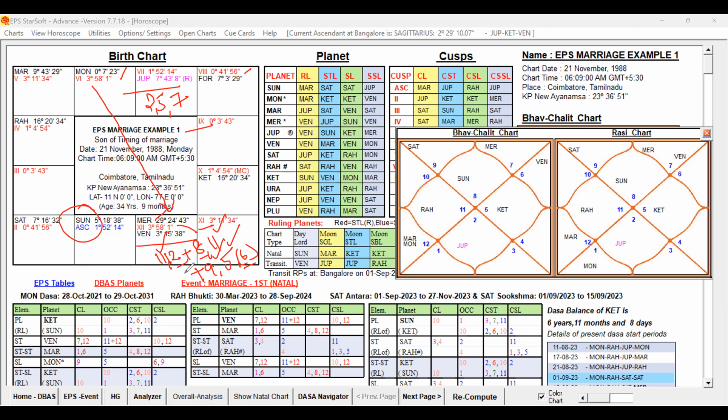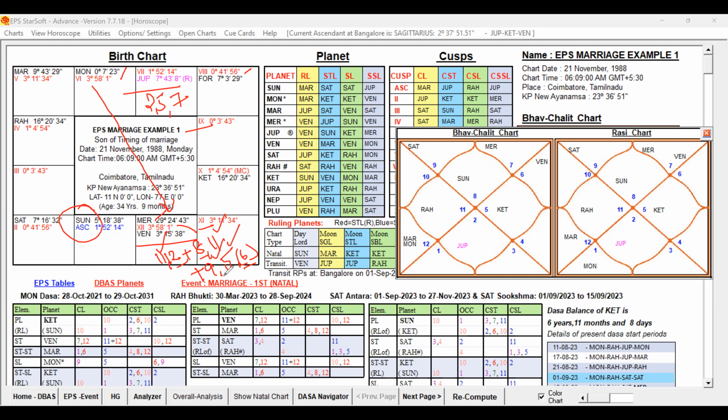This is all basic, because we are taking only CL and OCC. But there are the CST and CSL, that is, the extended signification of each planet and the complete signification of that planet: Venus is in whose star and sub, and what the seventh sublord signifies. Those extended significations will finally decide the destiny level. Having got no strong unfavorable weakness in the basic study, if the planet has favorable signification in the extended signification, it is going to be more favorable.